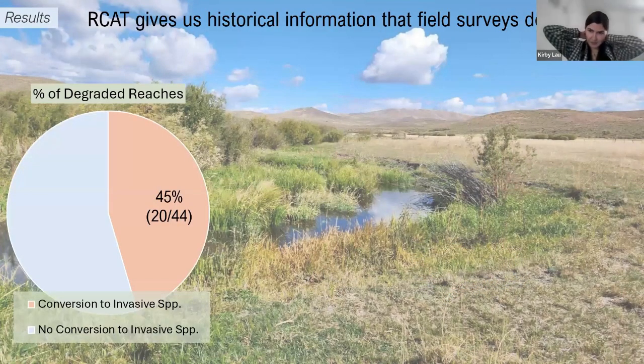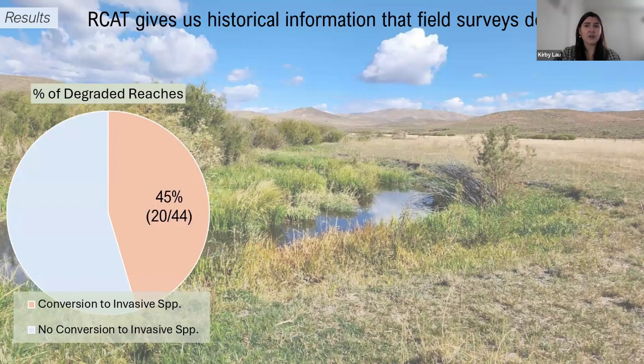And finally, another thing that makes RCAT different from our field surveys for reach assessment is the historical land cover information that it pulls from to rate reaches. That's something that we don't have access to in the field. So using RCAT, we were able to look at land conversion proportions for reaches of interest. And in this case, we looked at reaches that we rated as degraded.